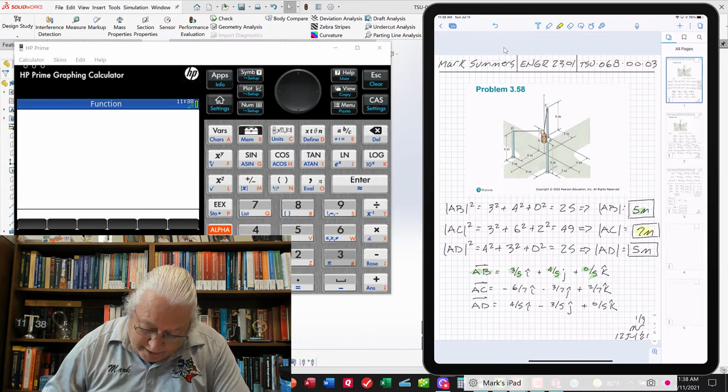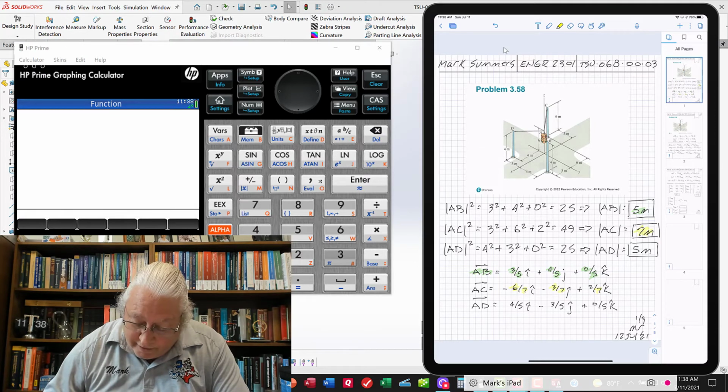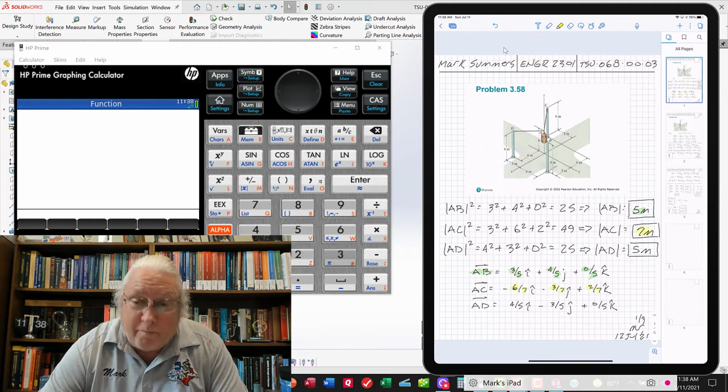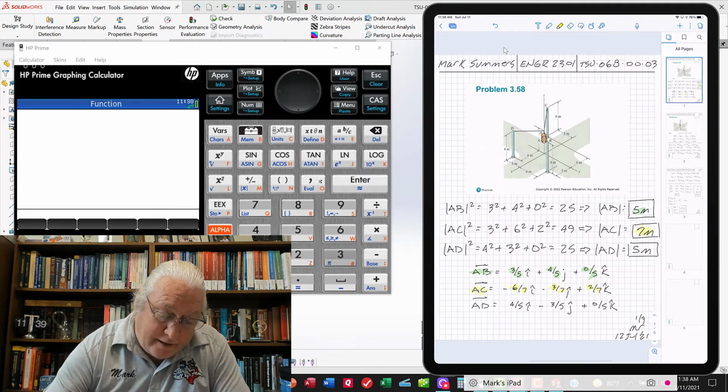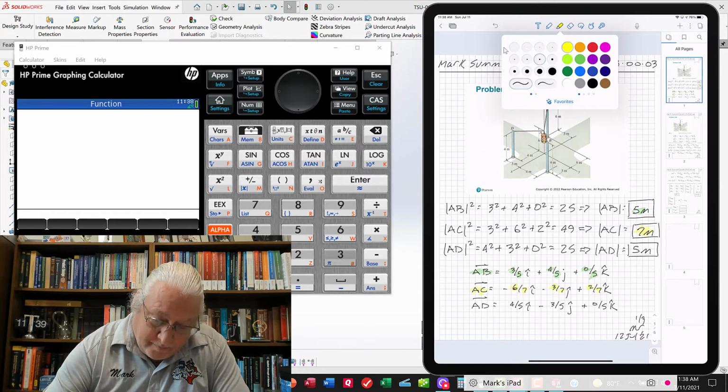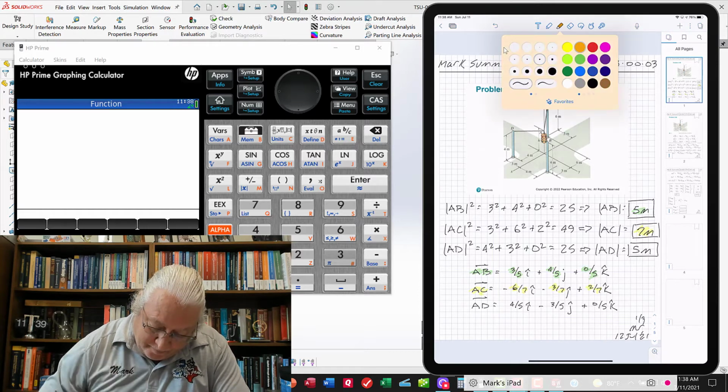We know these are going to be sevenths, and so the X direction on AC is -6, Y direction is -3, and then the Z direction, this is the one that goes up in Z from 4 meters to 6 meters. And so that's the unit vector for AC, and then we'll do a similar thing for AD.